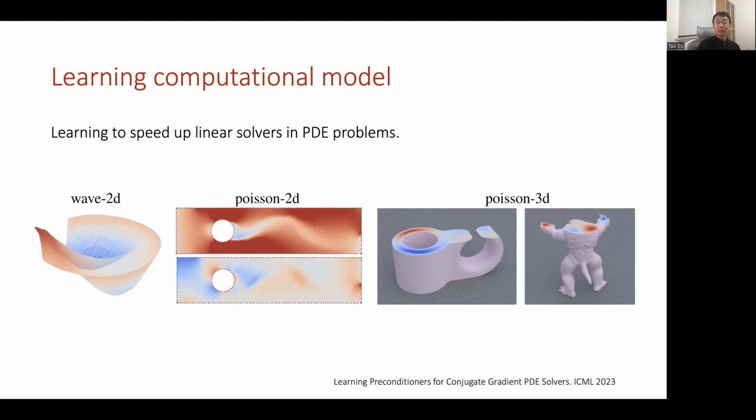There are two types of solvers that we have seen so far. From the classical numerical analysis and applied math community, we have reliable and robust solvers, but they are typically not fast enough, especially for large-scale problems. On the other hand, there has also been a surge of neural network linear solvers from the machine learning community.